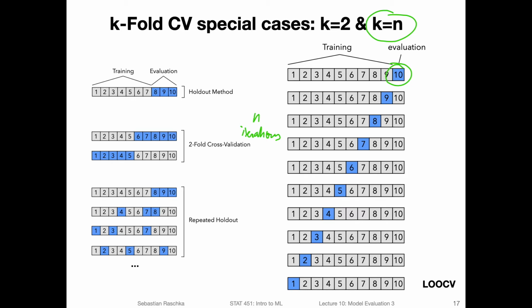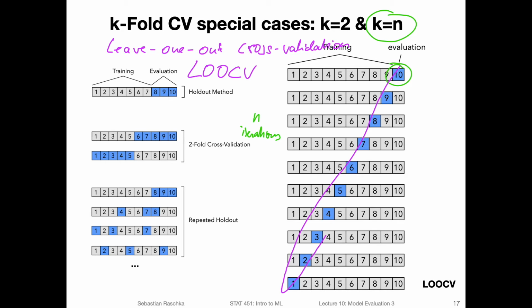This is also known as leave one out cross-validation, often abbreviated as LOOCV. So it's a special case where the validation set consists of only 1 data point.